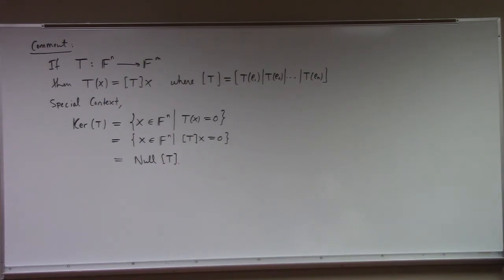We proved in general recently that T is 1-to-1 if and only if the what? The kernel is 0. So can a function be invertible if it's not 1-to-1?